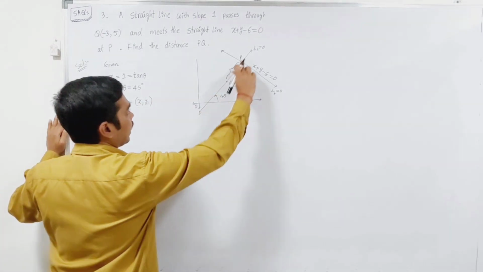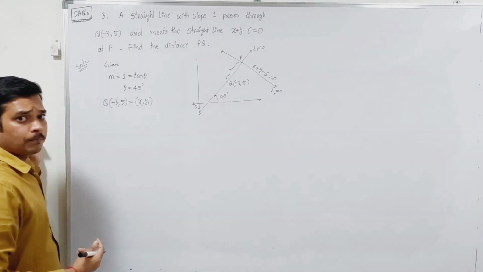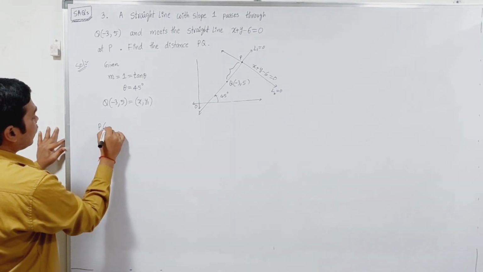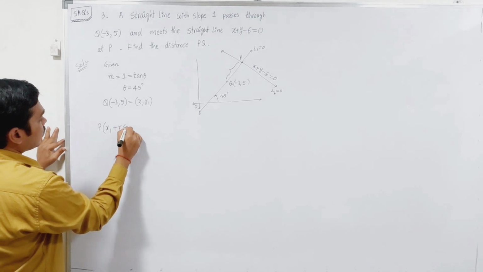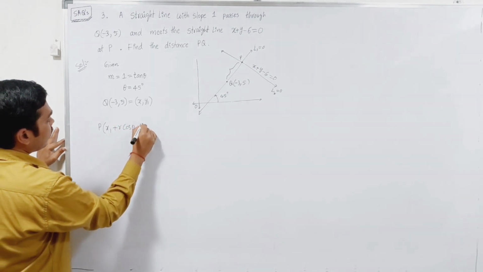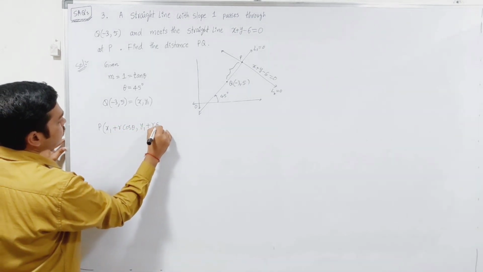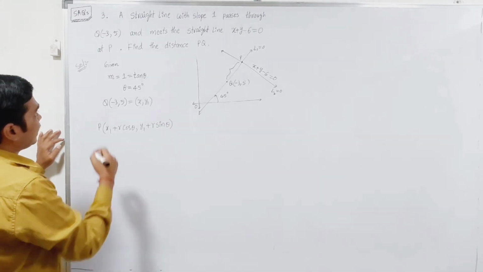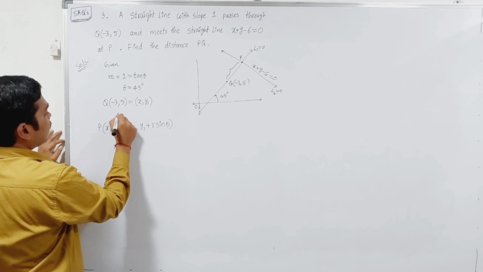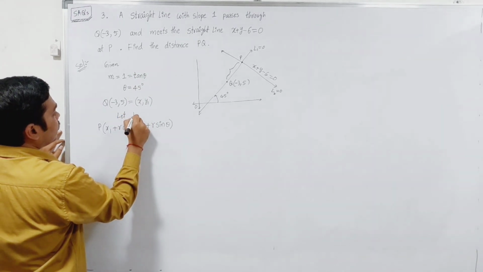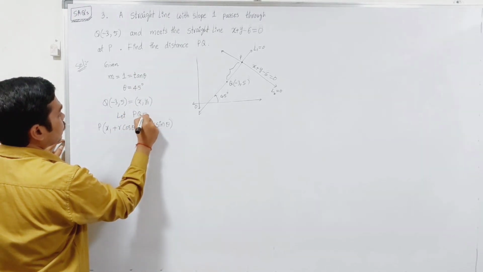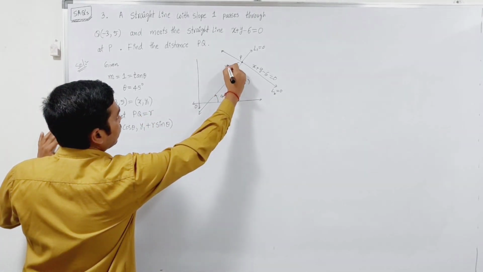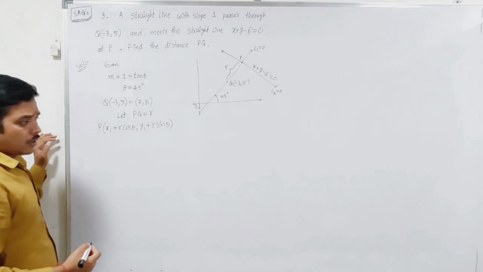On this line, each and every point is in the form of parametric points, that is P(x1 plus or minus r cos theta, y1 plus or minus r sin theta), taking the plus case or the minus case. Let us assume the distance between P and Q is r.